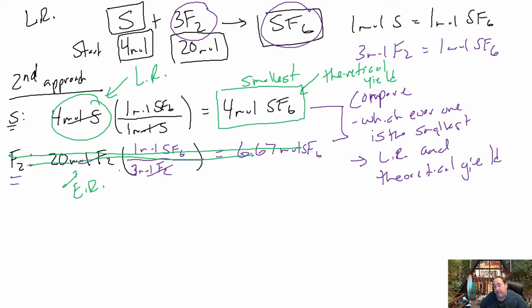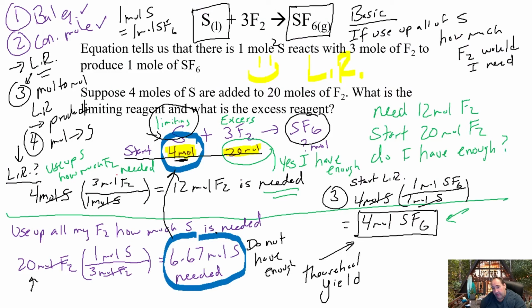One of the benefits, perhaps, of the first approach that I showed you is, let's say, for example, we wanted to figure out how much of the excess reagent is left over. That is a very common question that is sometimes asked.